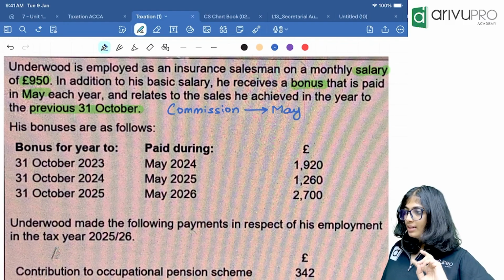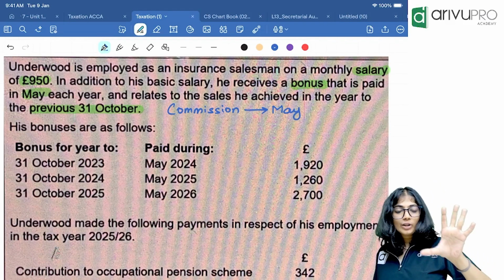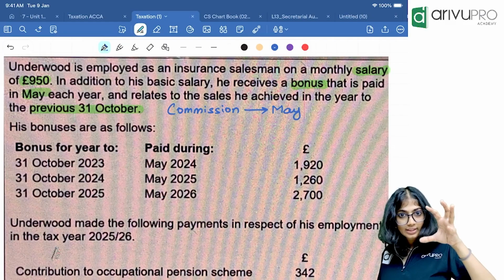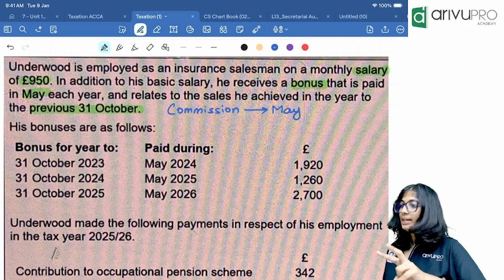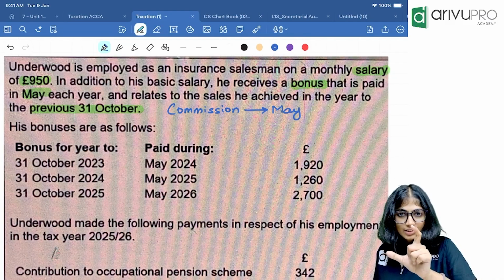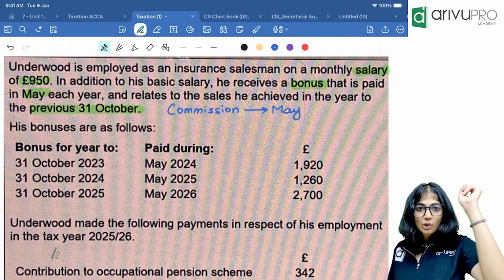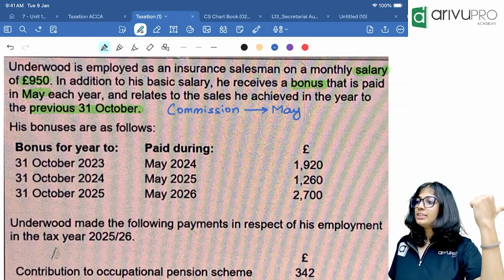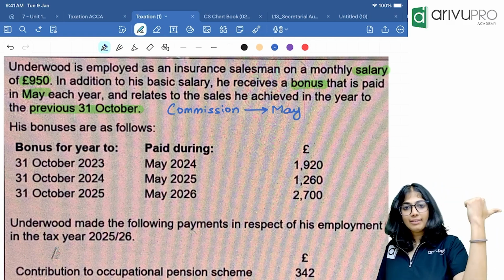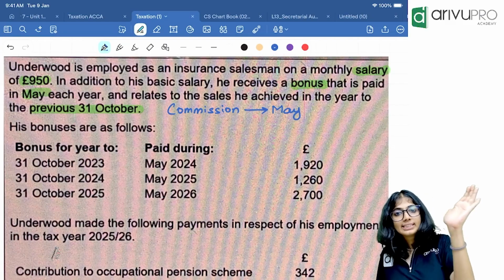May, he's getting the actual payment. That is, in the bank account, if he checks, he is actually seeing that this payment is done. But the amount, which part is it related to? The previous 31st October. So, 31st October 2025, that is last year 31st October, till then whatever sales I got.